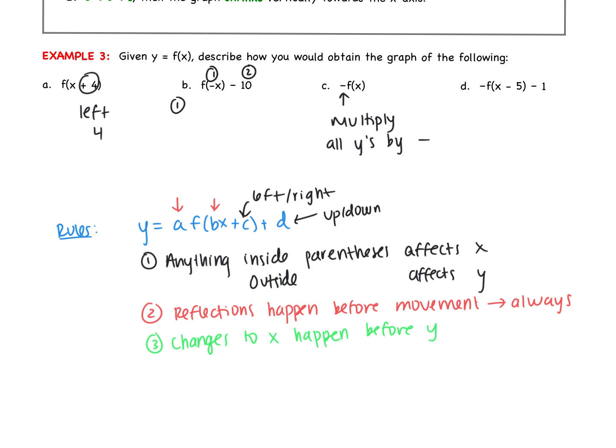So the first one is going to multiply all x's by a negative. The second one, which affects y, is going to move us up or down. What is it going to do? Move us up or down? For y? Down. Yeah, it's what you think it would be. We're going to take the entire graph and we're going to move it down 10 points.